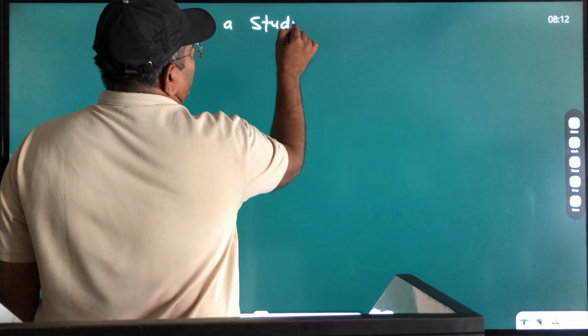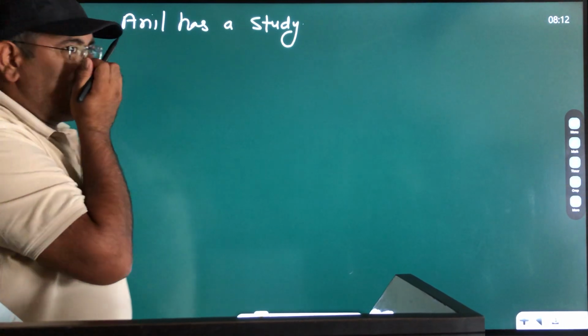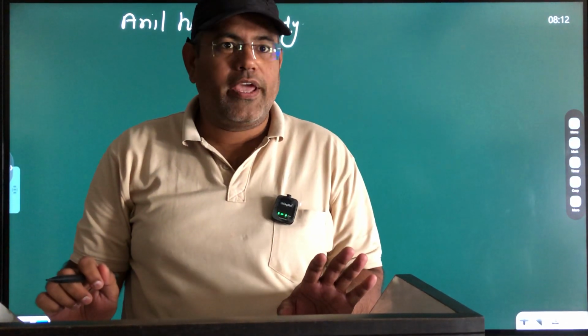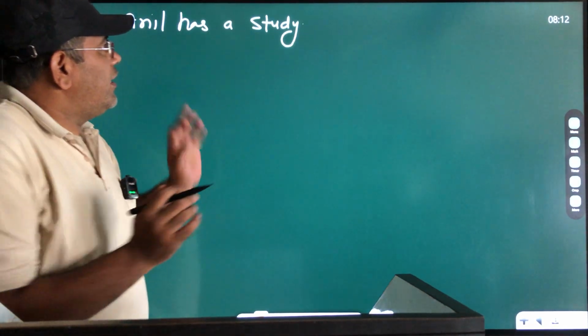You know, guys, Anil is a 12th class commerce student and right now he is studying. His focus is completely on education right now. So Anil studies in his room. Anil has a study room.